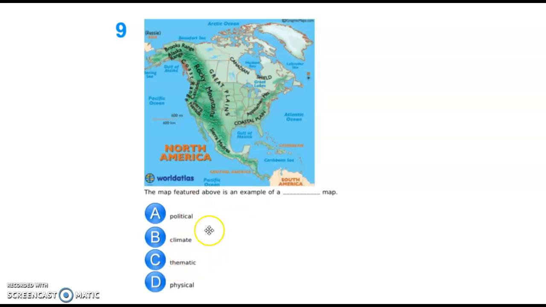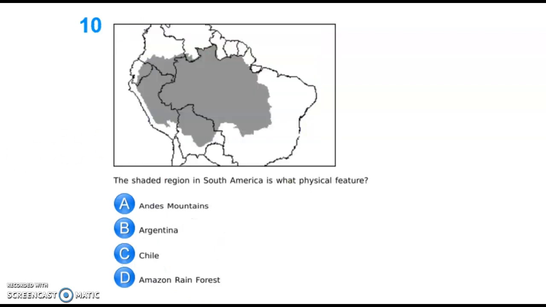C, a thematic map, would have shown you something that deals with economic systems, or political systems, or a certain theme of geography. So just know here that a physical map is showing you the physical features that are present in a region.